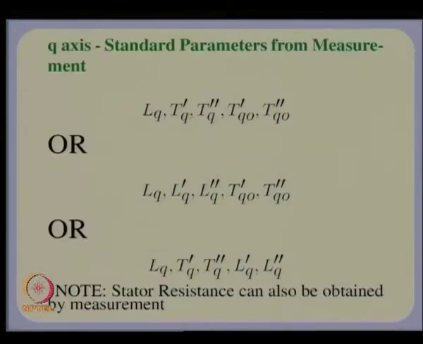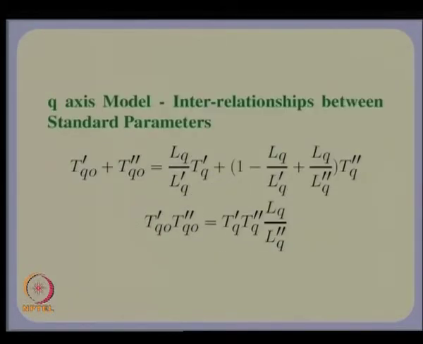So, if you get this data, do not get suddenly perturbed. You can get the time constants from the reactances by this interrelationship. So, you are normally given any of these 3 sets of parameters, and they are all interrelated by this.